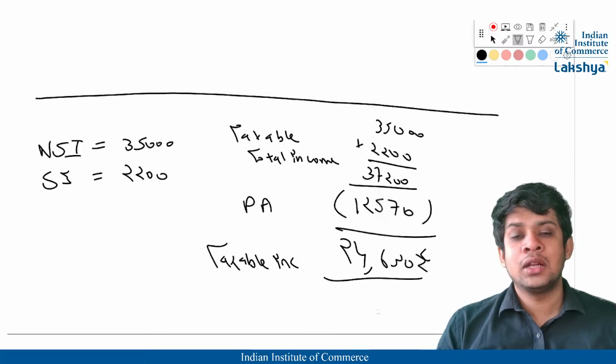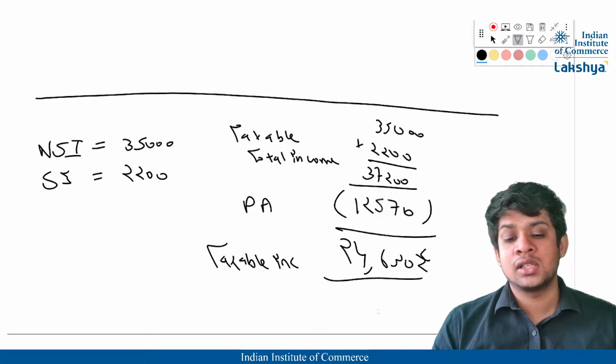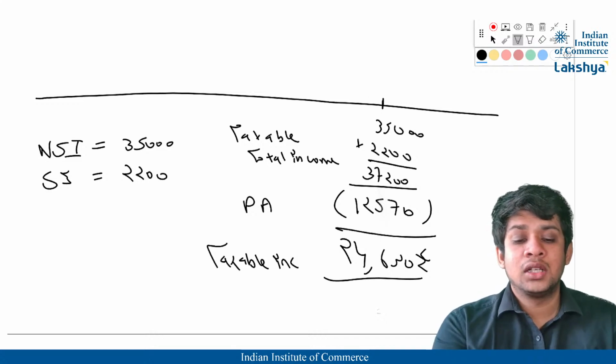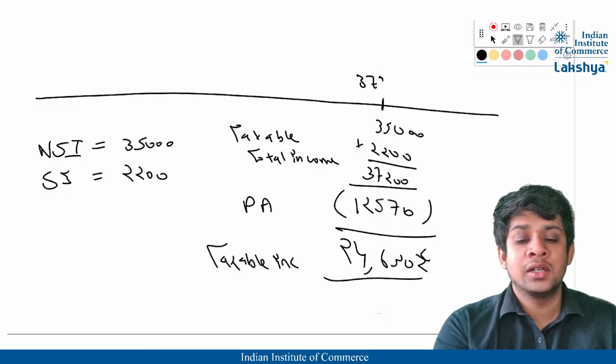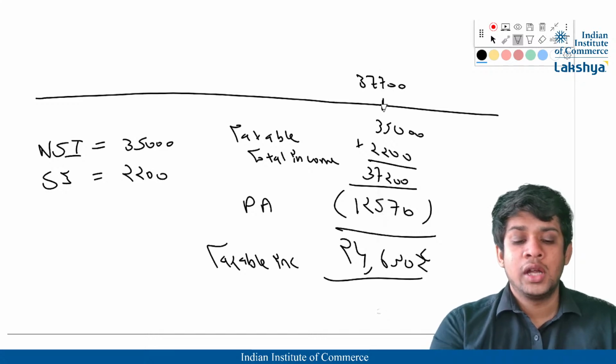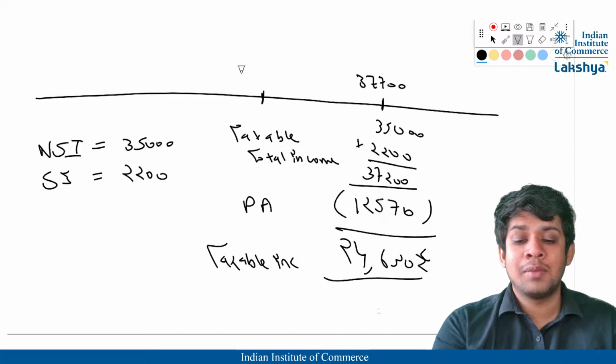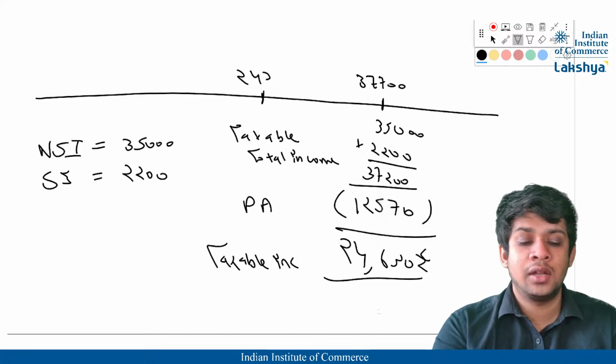Okay, so my taxable income becomes 24,630 pounds. That means my 37,700 bar is here. So it is obviously below the total bar, that is 24,630.